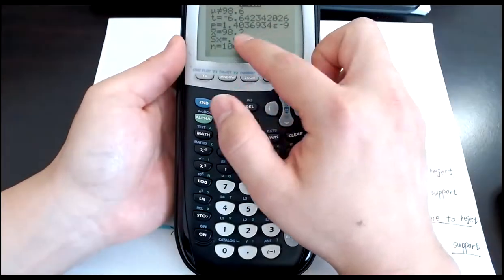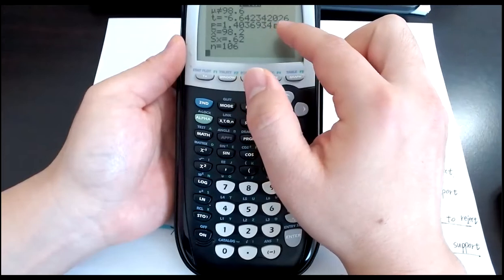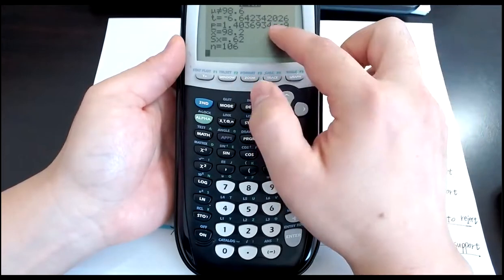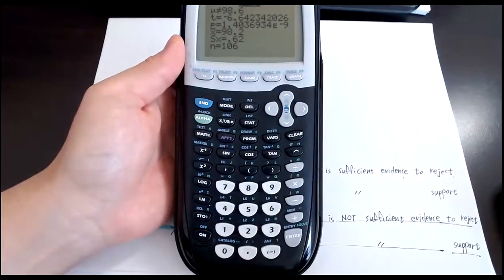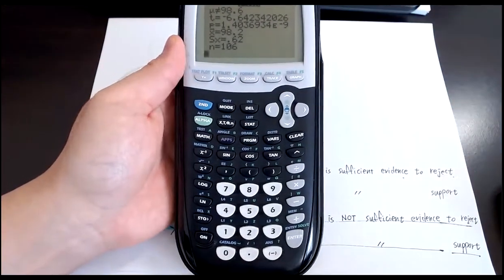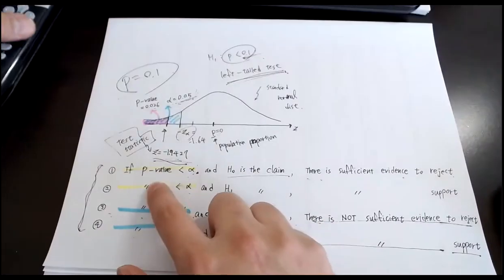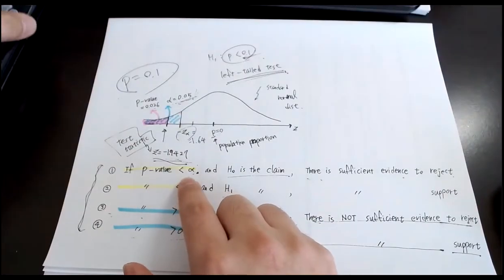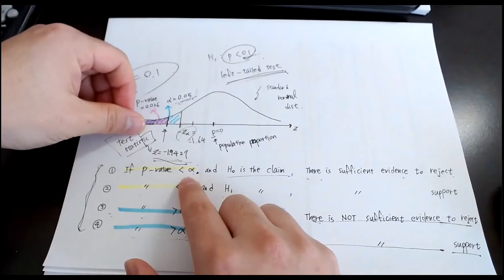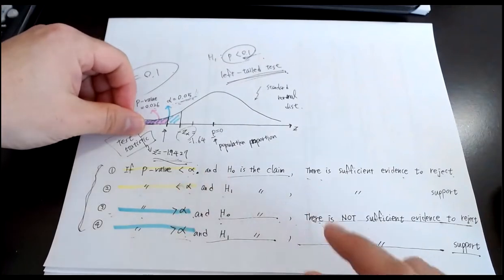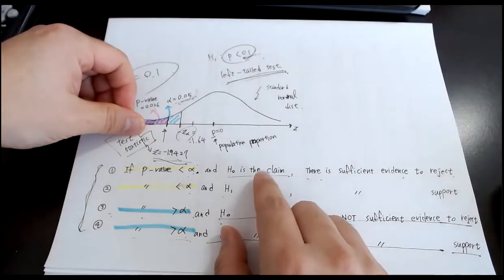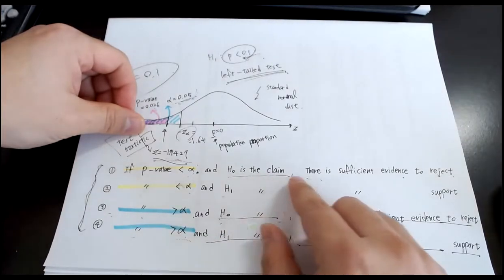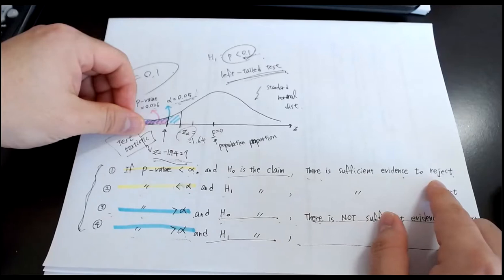Half of the p-value is definitely less than 0.005, so we reject H sub 0, which is the claim. So there is sufficient evidence to reject.